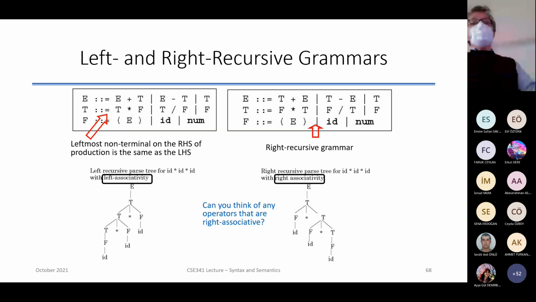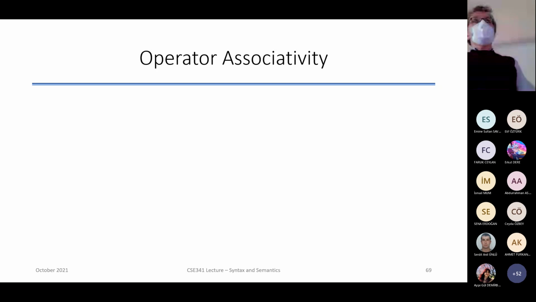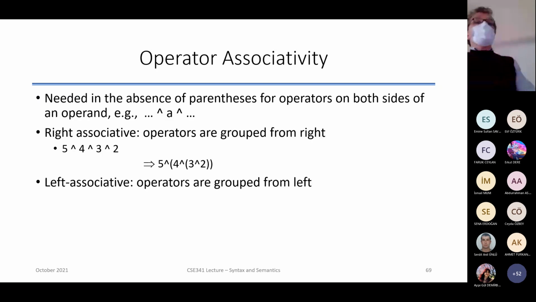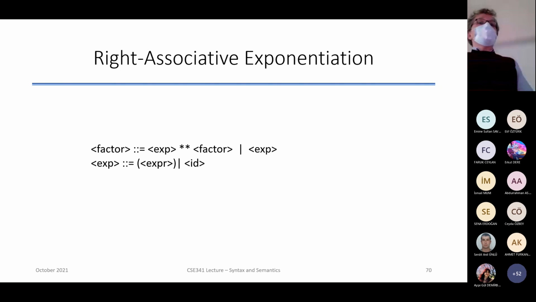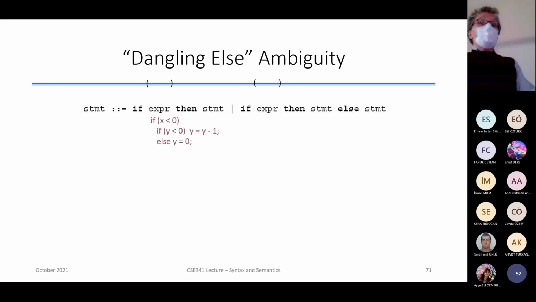So most of these have been quite a bit studied in the past. Again, one example is operator associativity. We have seen examples of this. So you see this in right associative exponentiation as well.